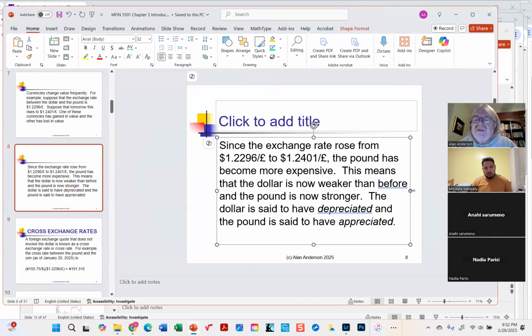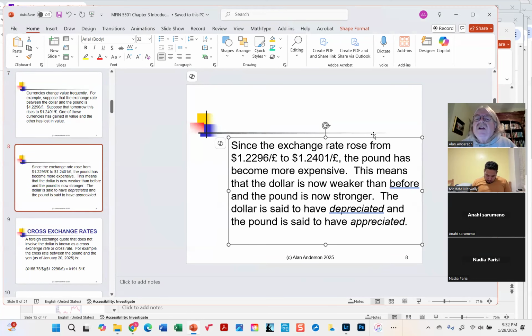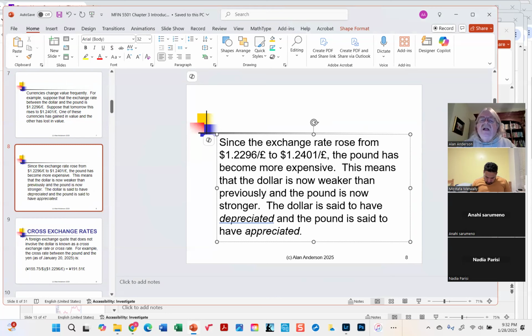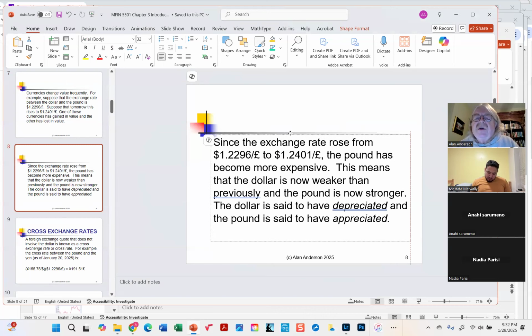Now, this happens every single day. Currencies rise, they fall, but sometimes they start to rise or fall for extended periods of time. You can see there are cases where a currency keeps dropping, and they can fall very quickly if the markets become very pessimistic about a currency. So you do see this every so often.